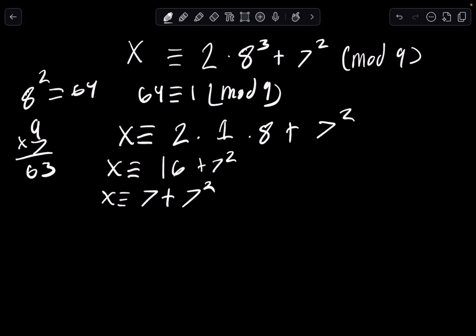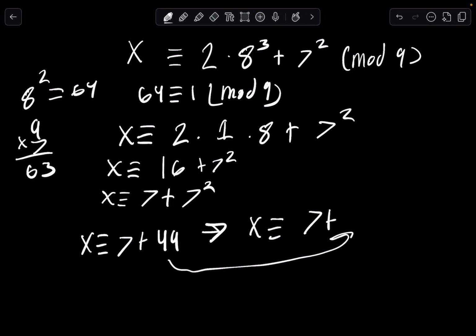So what is a close remainder to 49? Well, 9 times 5 is 45. So 7 squared, which is 49, will lead us to x is congruent to 7 plus, reducing 49 here, remember that 49 minus 45 equals 4.